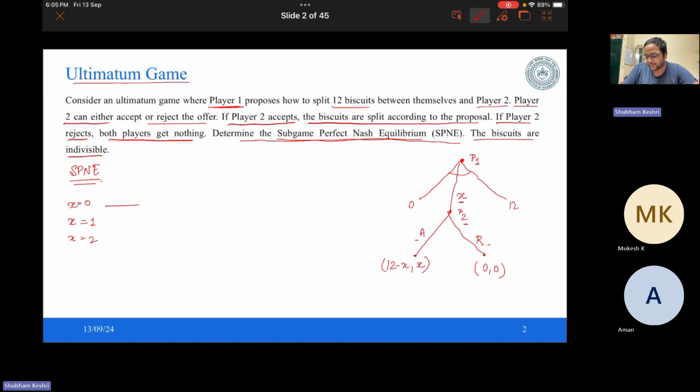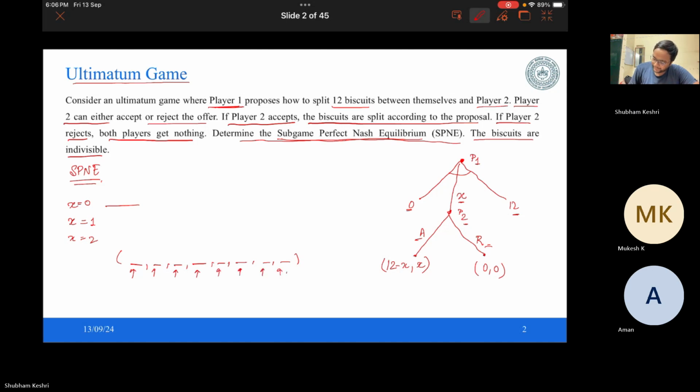That is the strategy of player 2. So player 2's strategy will not be given by just accept or reject. It will be given by a combination of actions, actually 13 combinations, because from 0 till 12 there are 13 values, stating what will be his action for each of the actions of player 1.